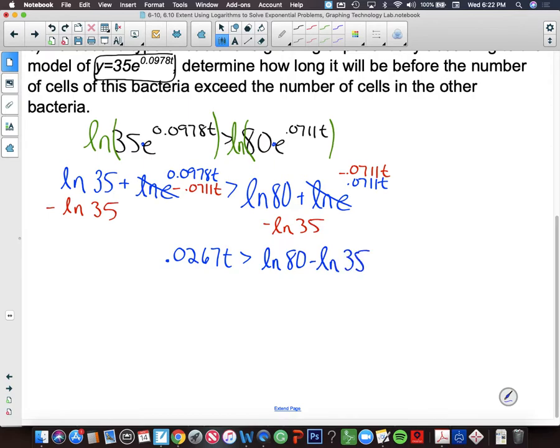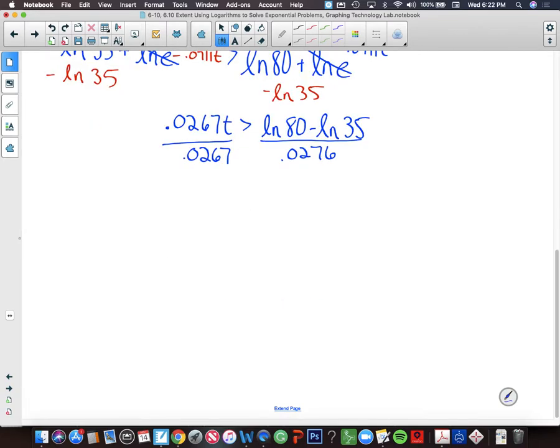And you can use properties of logarithms to put those together if you want to, but we're just going to do it all at once here. So divide by 0.0267, and that's going to give us our value of t that will tell us when one bacteria will surpass the other one. So natural log of 80 minus natural log of 35.